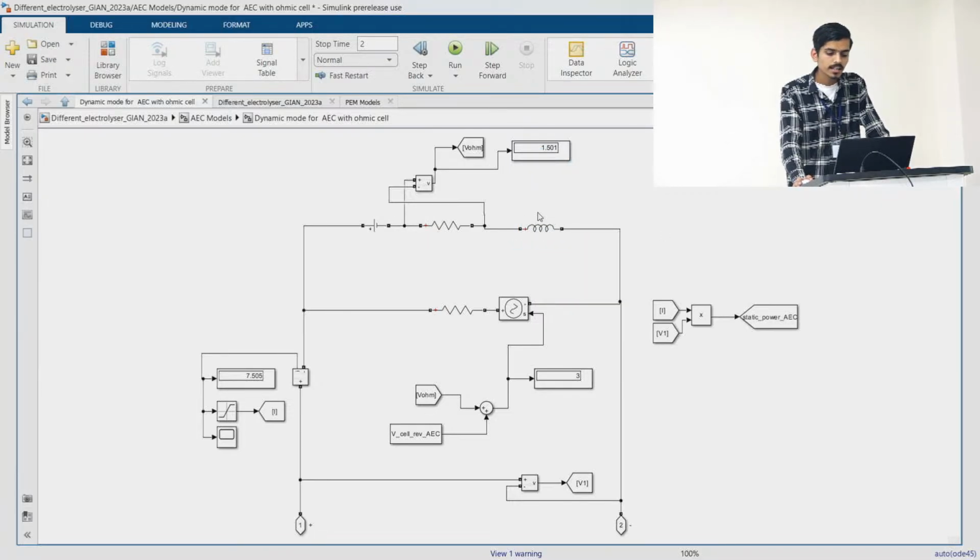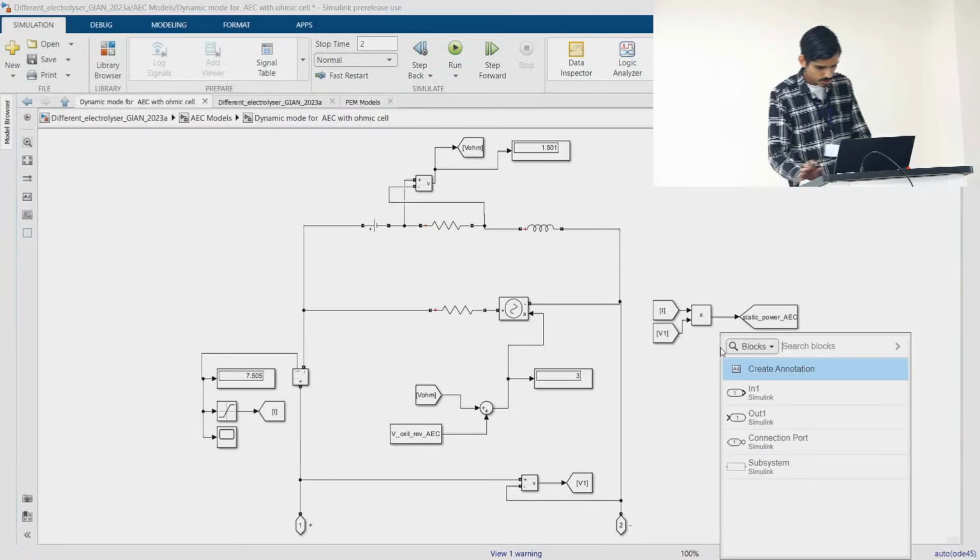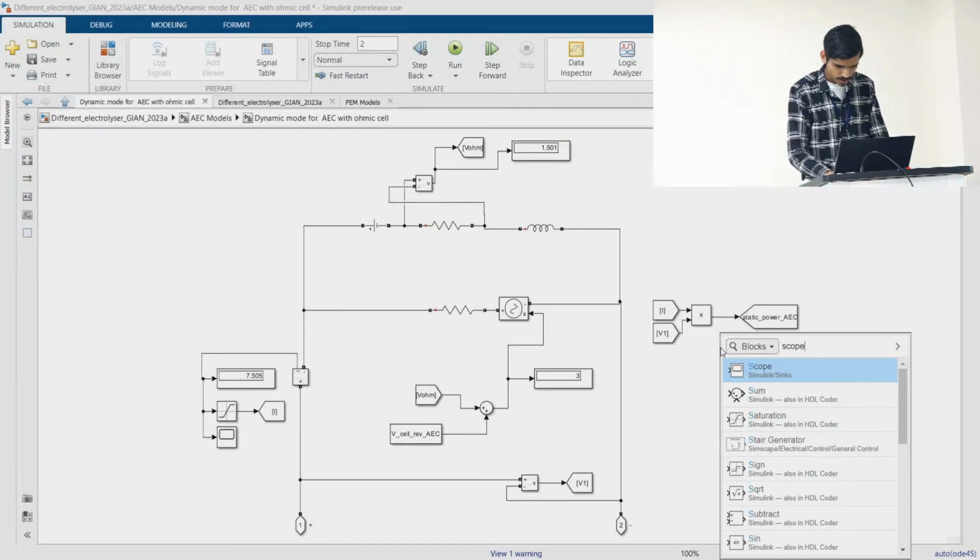As we all know, an inductor opposes abrupt change in current. So if anything happens inside the electrolyzer, the inductor doesn't allow an abrupt change in the current. That's why this inductor increases the response time of the alkaline electrolyzer. If we want to see the response, we can check.